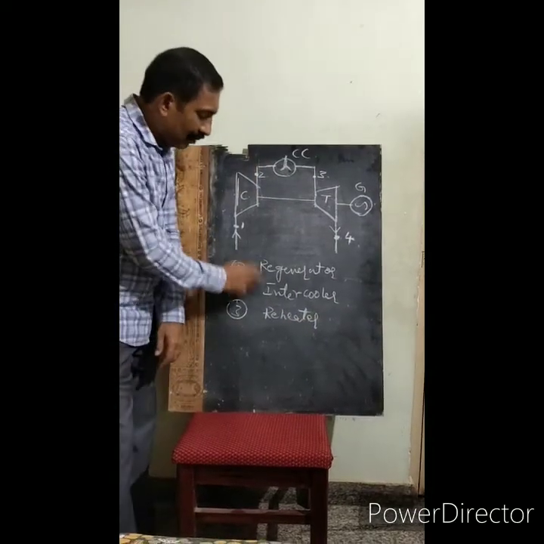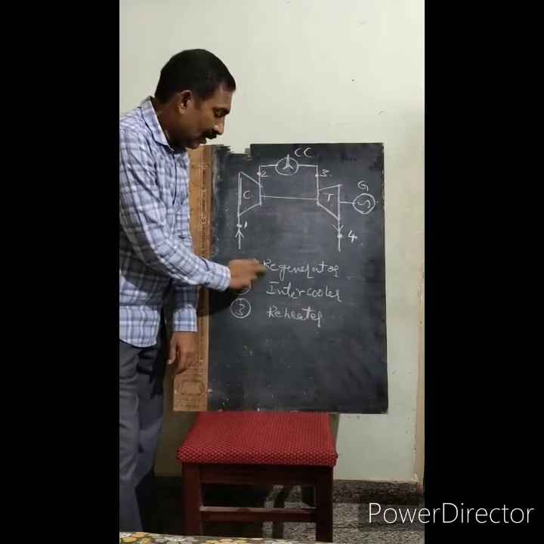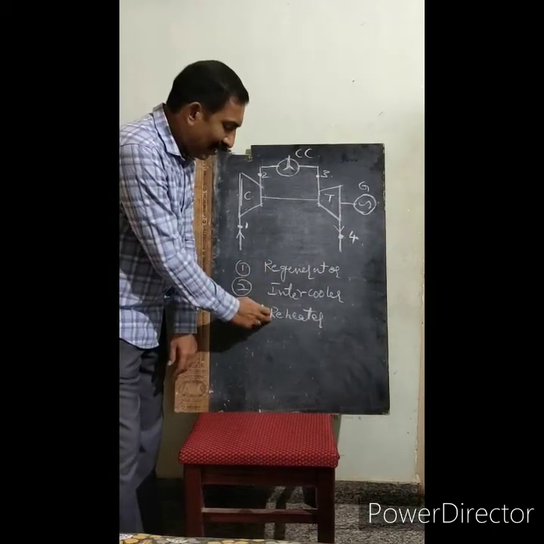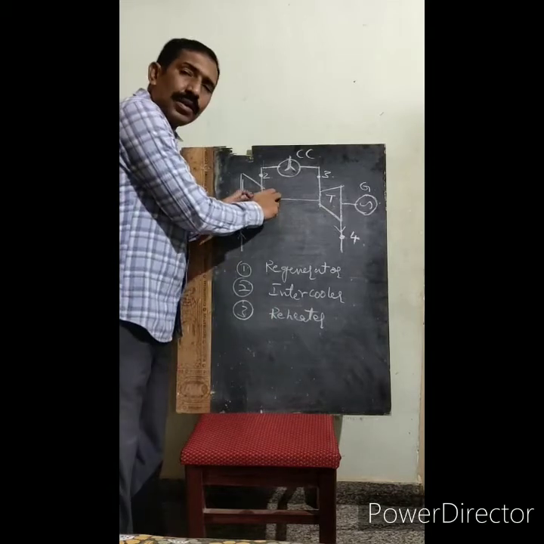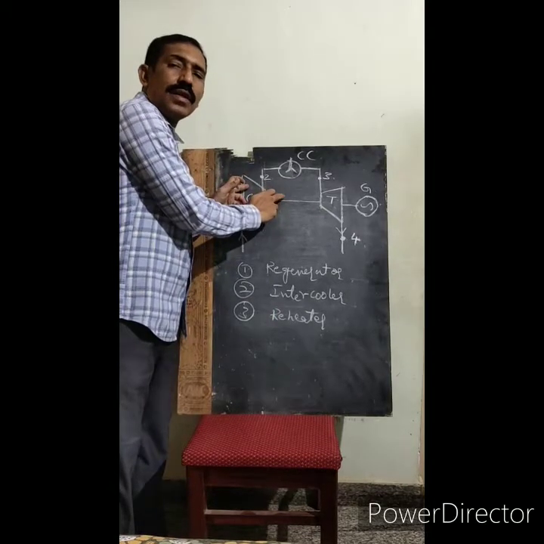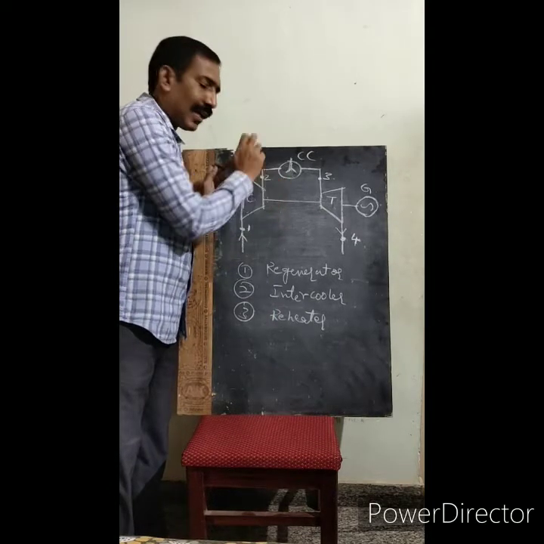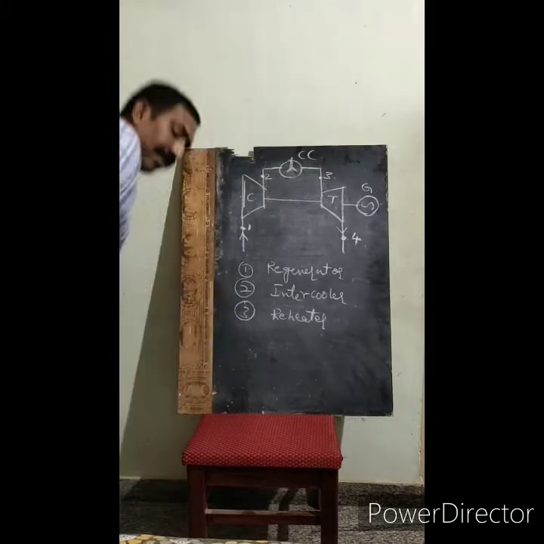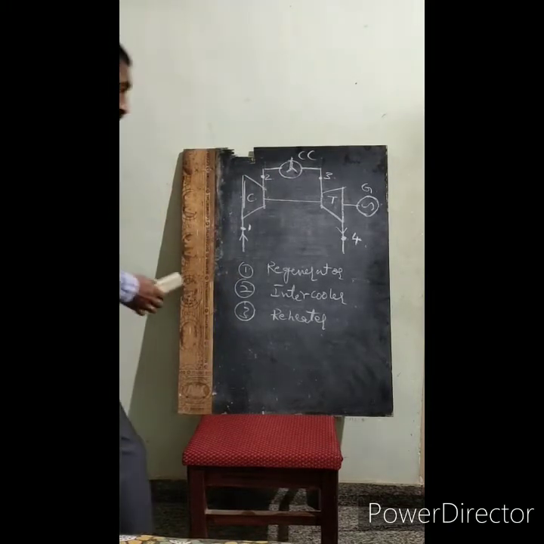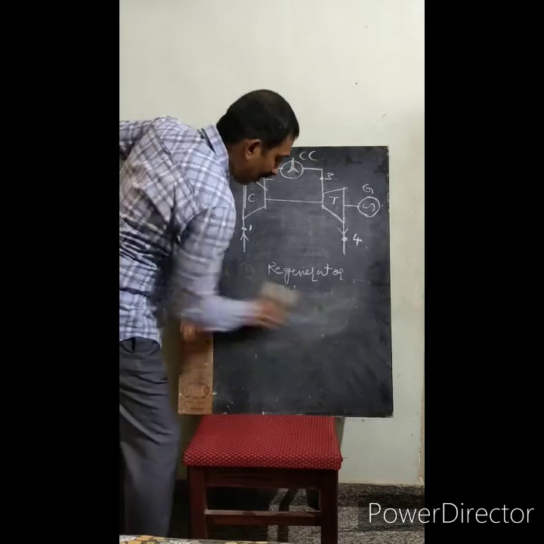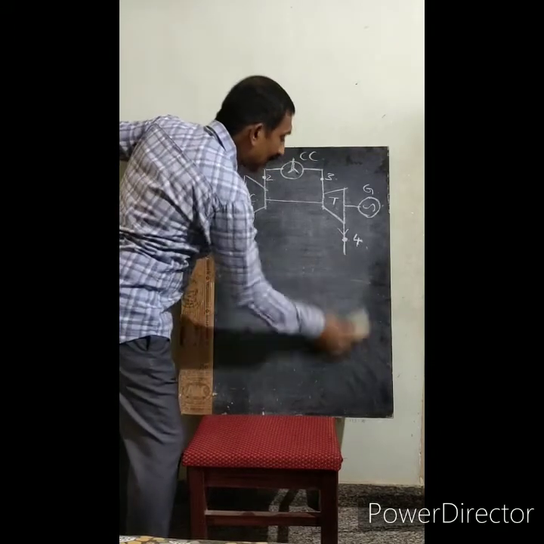By considering these 3 equipments, regenerator, intercooler and reheater, we can improve the thermal efficiency of the simple Brayton cycle. So let's have a look at the simple Brayton cycle with the regenerator.